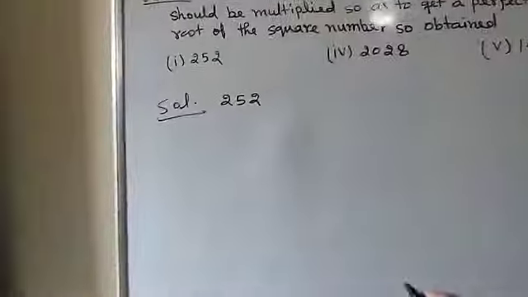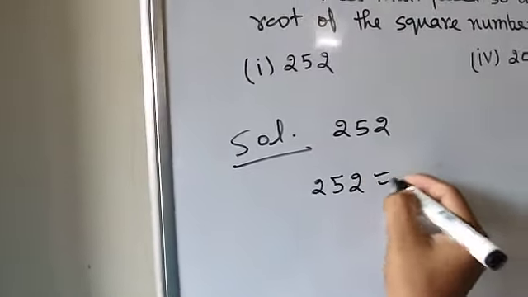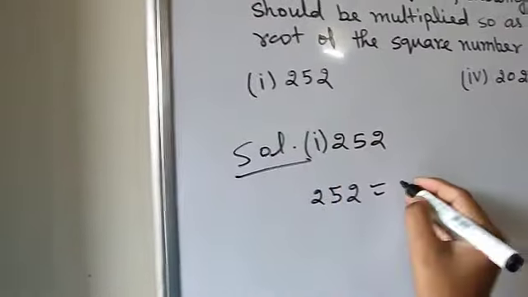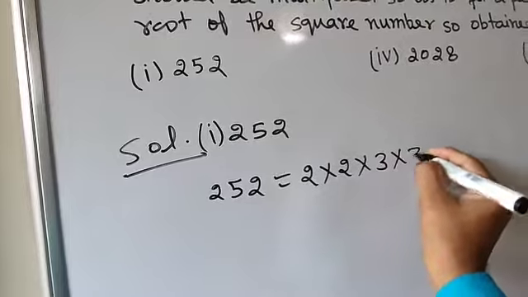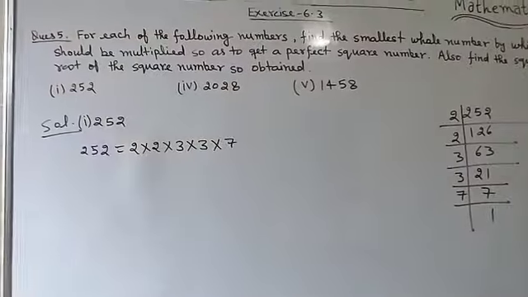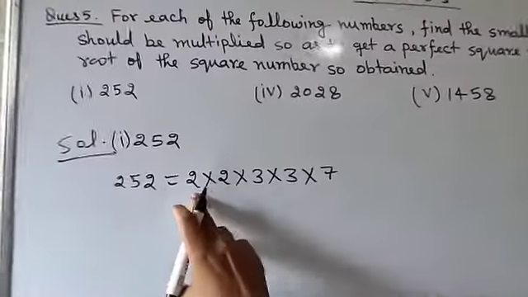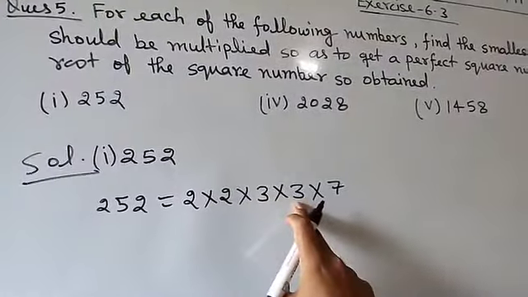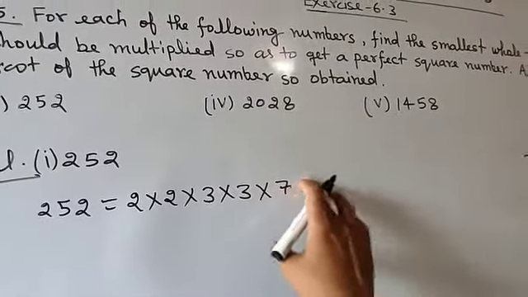So here you will write 252. It is the first part. 252 equals 2 into 2 into 3 into 3 into 7. Now students, if you are going to find the square root, all the numbers should be in pairs. Here you get the pair of 2, 3 is also in a pair, but 7 is unpaired. 7 is the single number, so it is not in a pair.